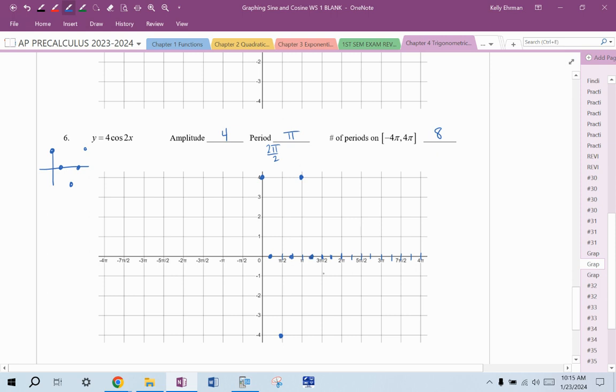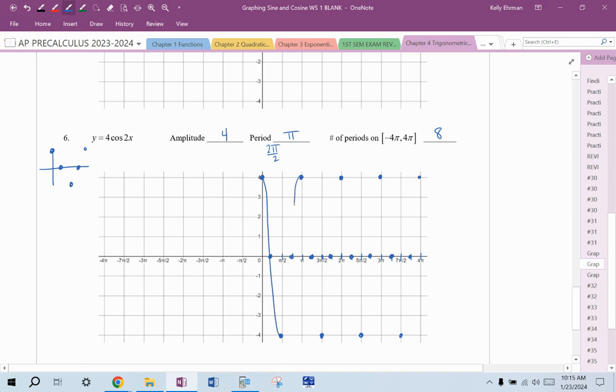Midline, 3 pi over 2 is down here, and then midline, and then up. Midline, below, midline, above. Midline, below, midline, above. Let's sketch that in.